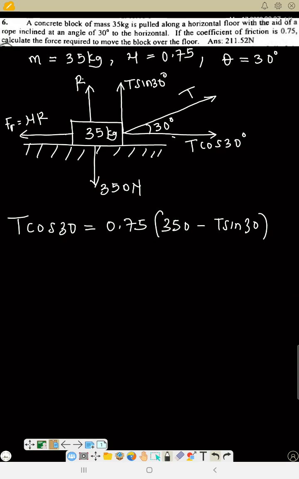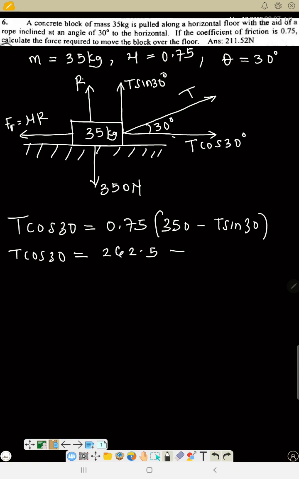This will give us T cos 30 equals 0.75 times 350, that is 262.5, minus again 0.75 times sine 30.